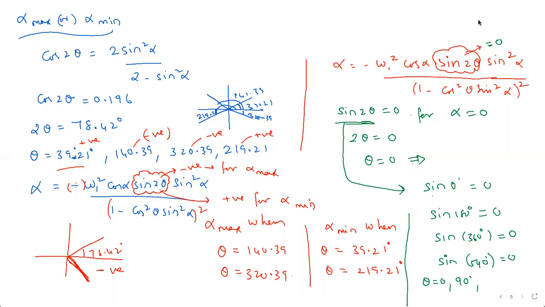Sorry for the delay, you are going to get 180 degrees. Then 540 divided by 2 is 270 degrees. So at these angles, 0, 90, 180, and 270, you are going to get the acceleration of 0.